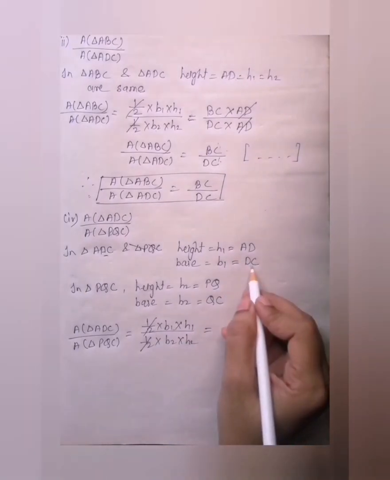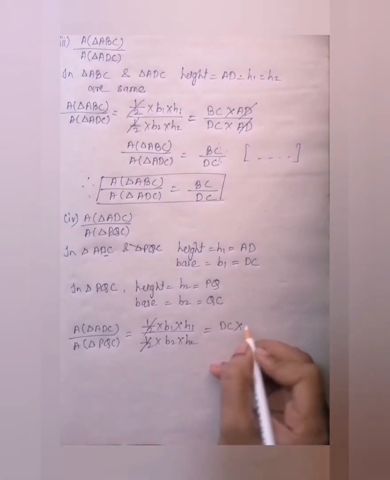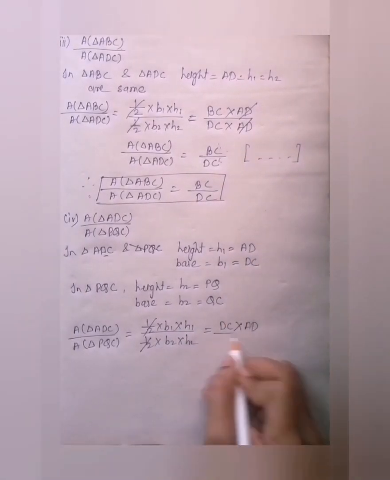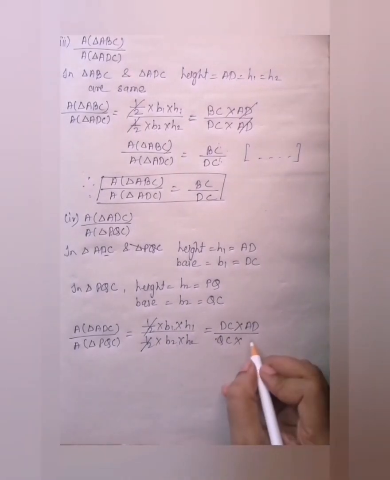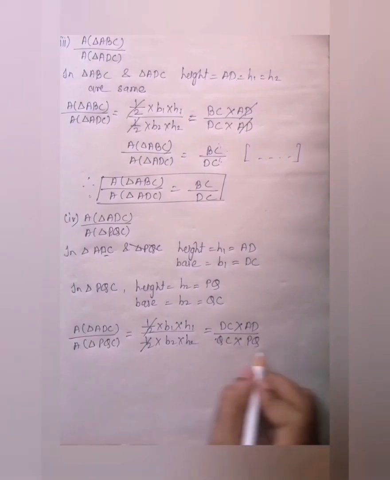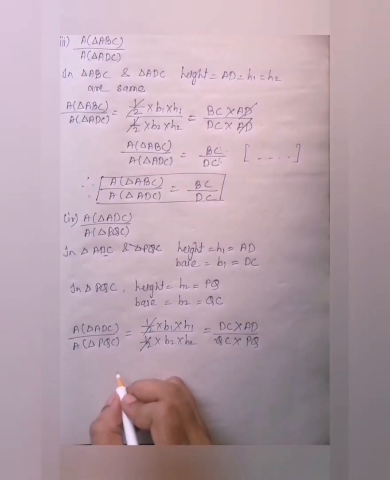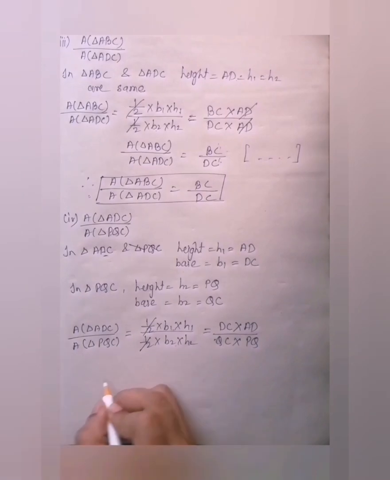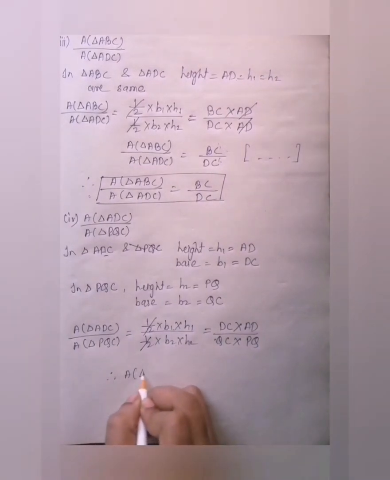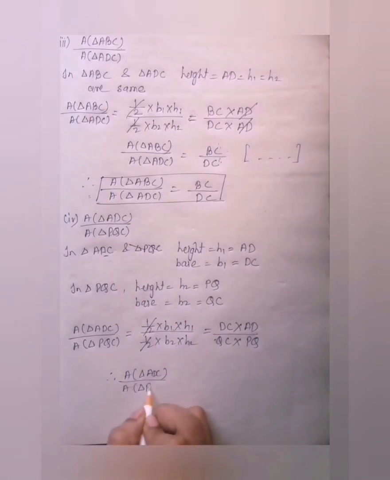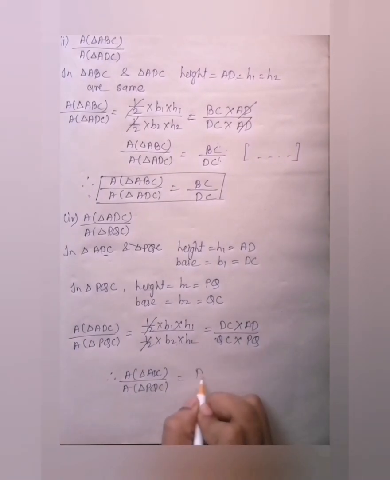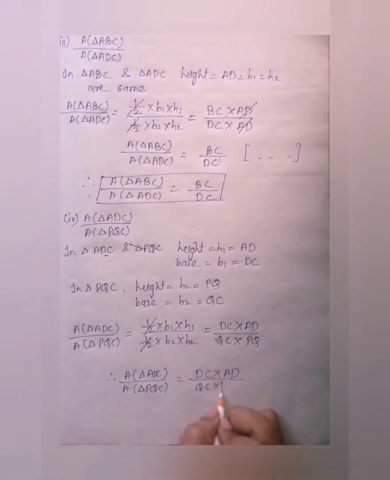B1 is DC, multiply H1 is AD, upon B2 is QC, multiply H2 is PQ. Therefore area of triangle ADC upon area of triangle PQC, we get DC into AD upon QC into PQ.